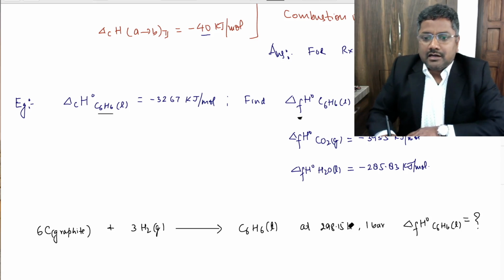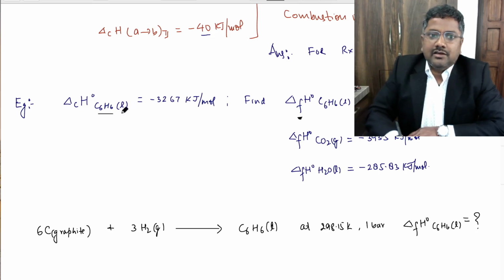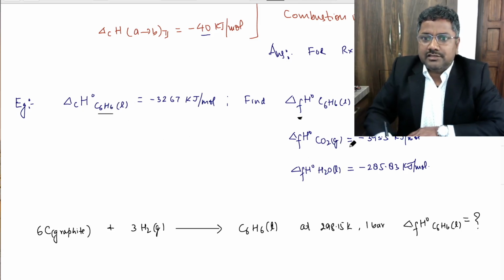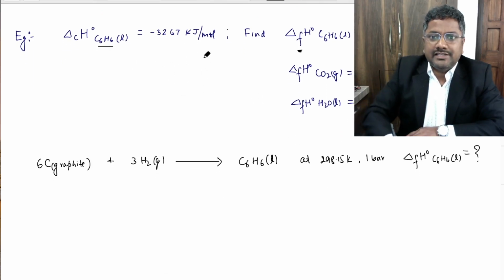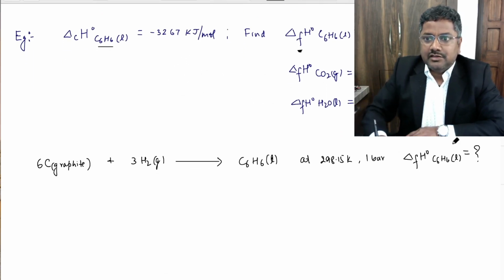Now come to the data which are given in this question. So three data are given. One is combustion for this, one is formation for this, and the other is formation for this. Okay, so now you have to design each and every equation. So this is the desired equation.